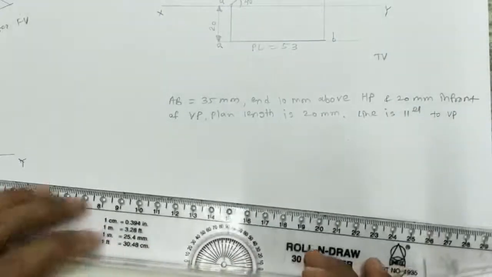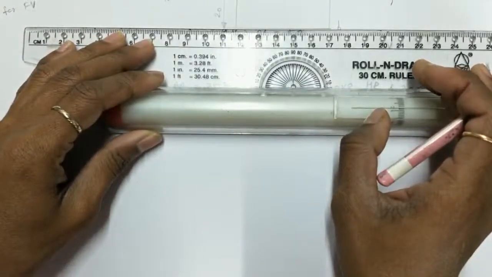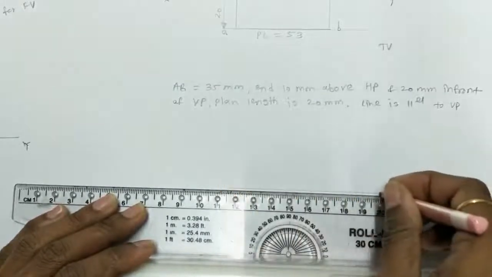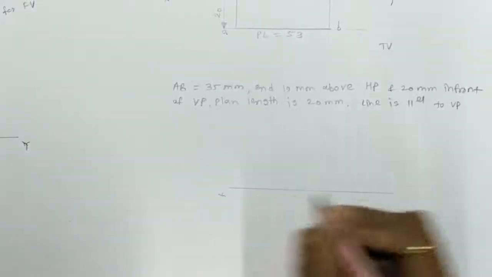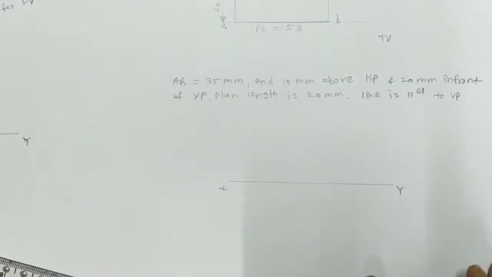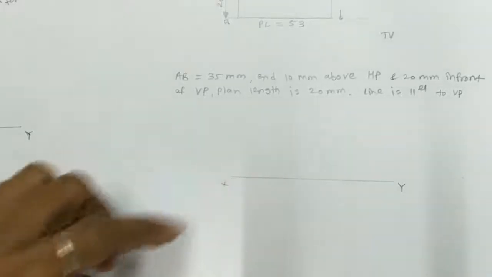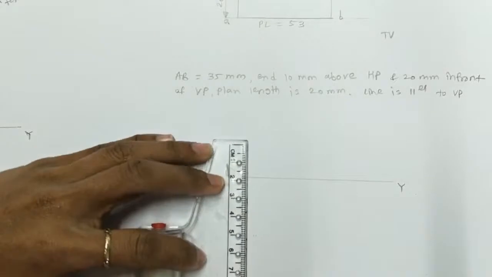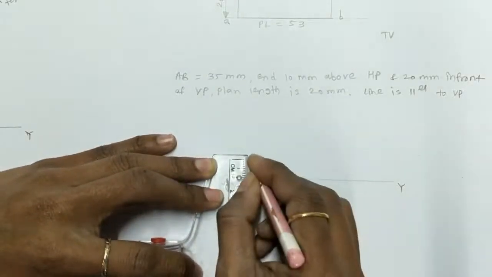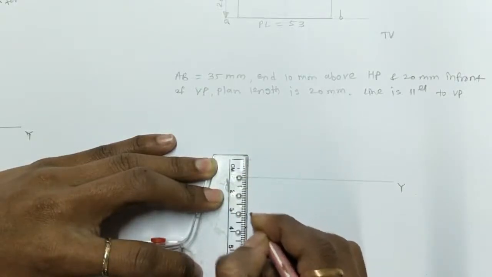So first I will draw XY line. This is XY line. Now 10 mm above HP and 20 mm in front of VP distance is given. So measure 10 mm above HP and 20 mm in front of VP.